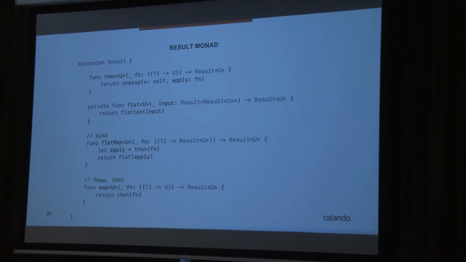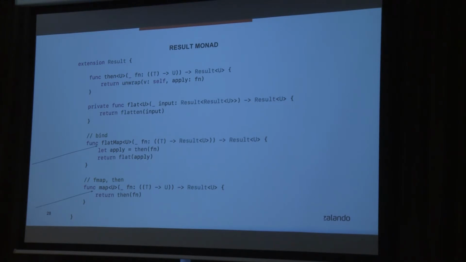If you see some type with map and flat map, probably they are a good candidate for monad. I don't guarantee they are monads because there are other laws that you have to be concerned with, but probably it's a good choice that the thing is a monad, okay? Flat map and map.